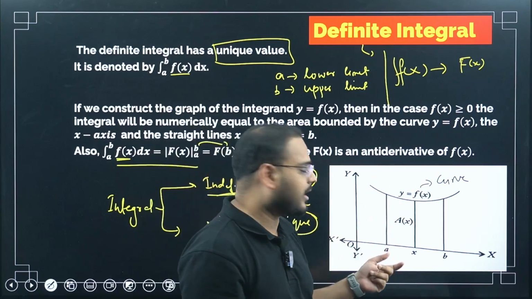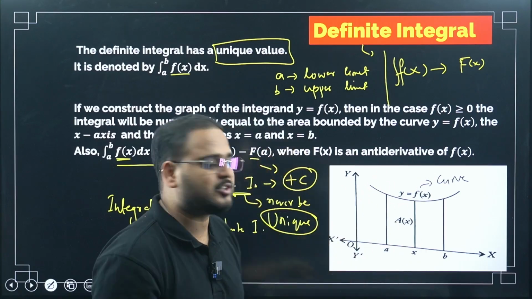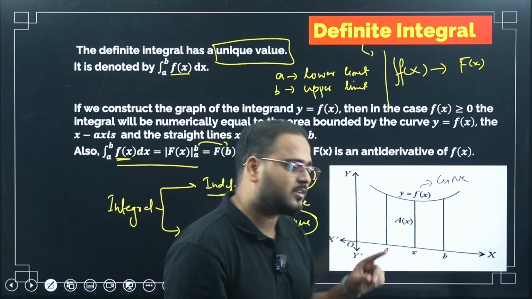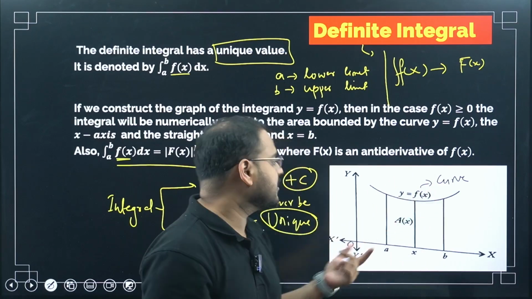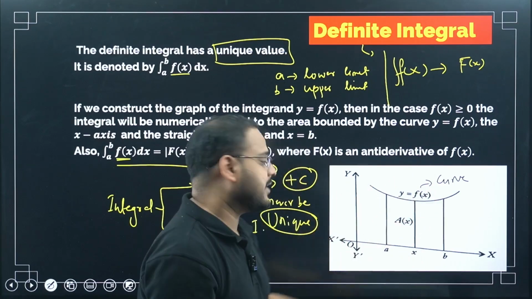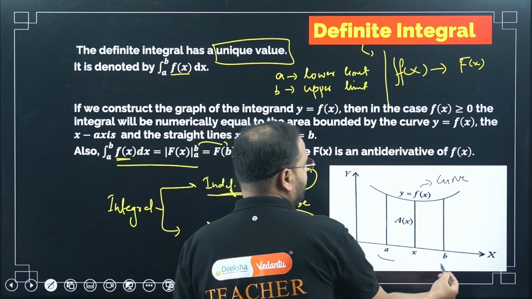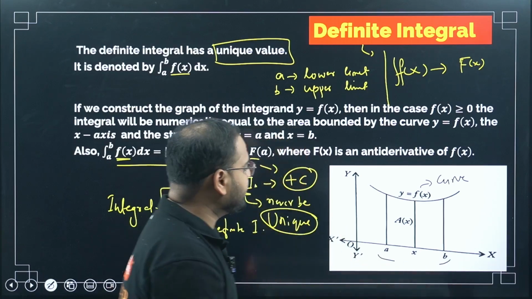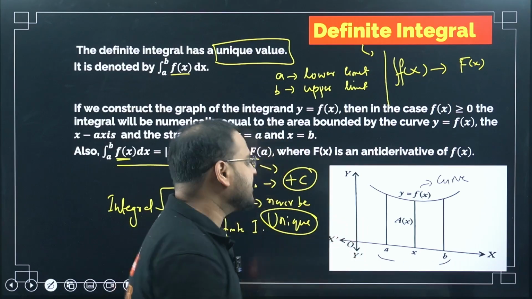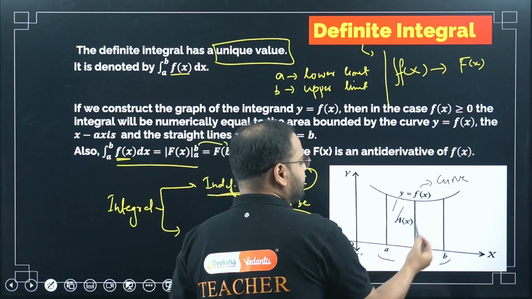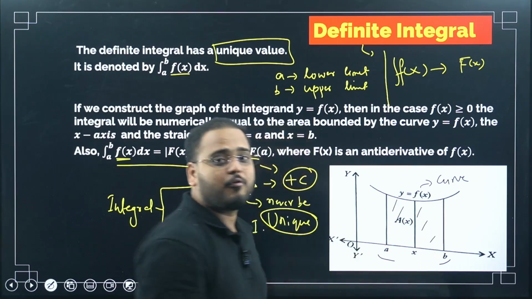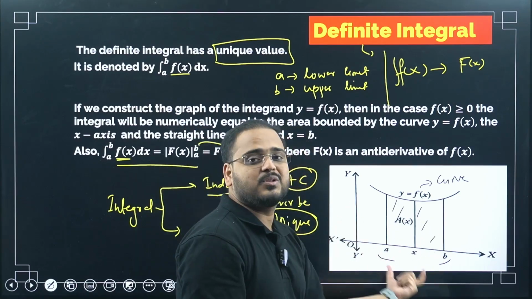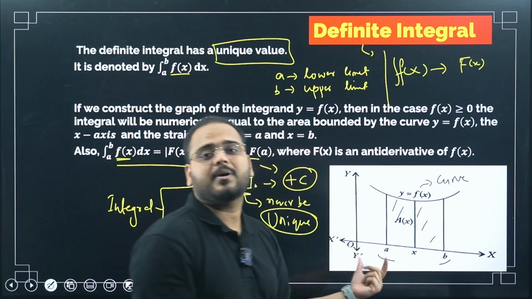Any function that you have, trigonometric, exponential, whatever it is, will always have a curve associated with it. If you integrate that function in the limit of a to b, then the result you're going to get is nothing but the area under the curve for that function in that particular range, between the upper and lower limit.